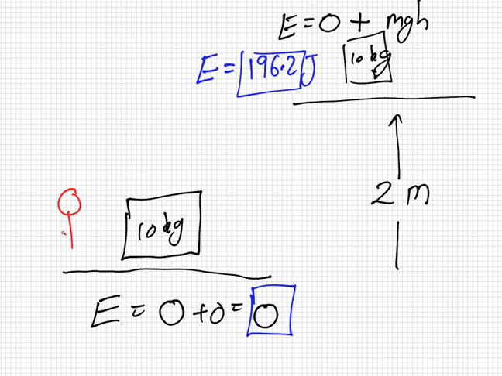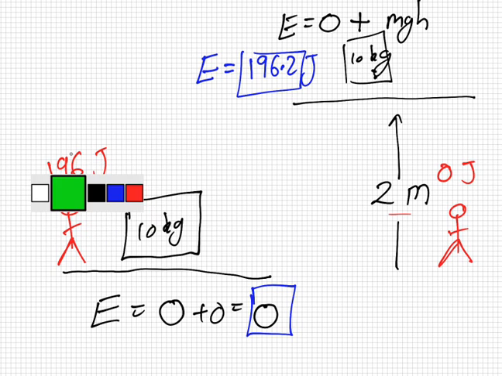So this man here at the start, and the man at the end, I'll draw him over here, he had 196 joules of energy, and at the end, he no longer has this energy. He has given this energy to the box. So, in total at the start is 196 plus 0.